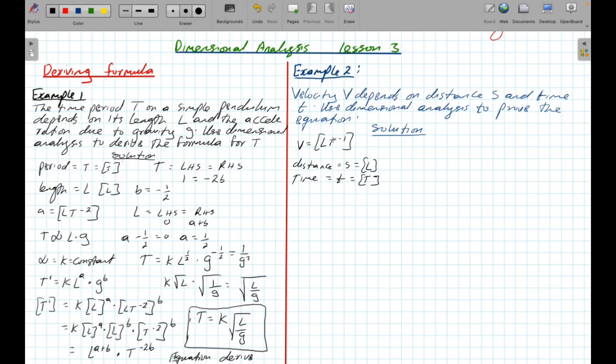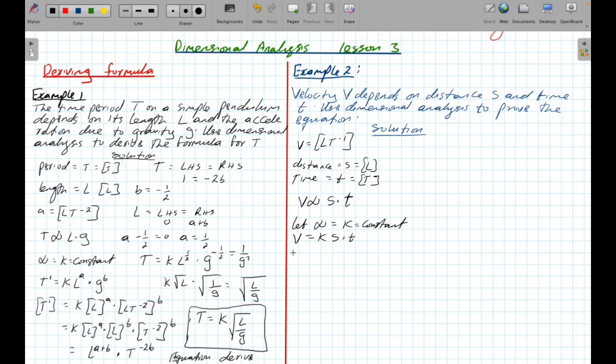Now, by interpreting this expression, v is directly proportional to s multiplied by t. Let the proportionality sign be equal to k, where k is constant and dimensionless. Therefore, we can say v equals k s t.